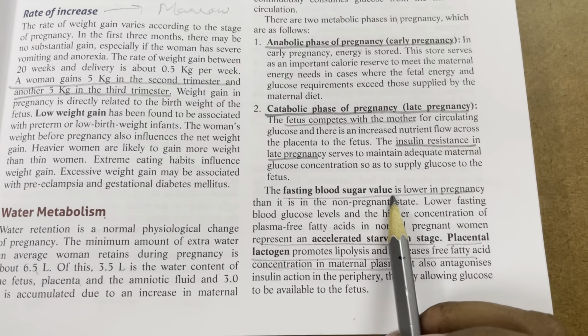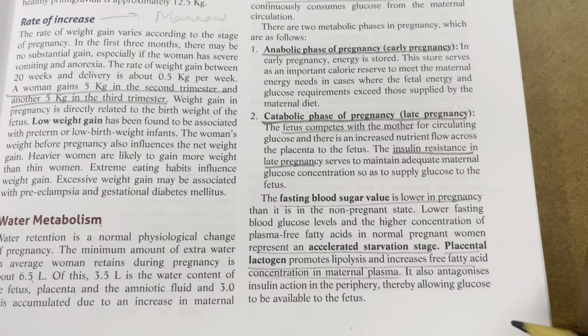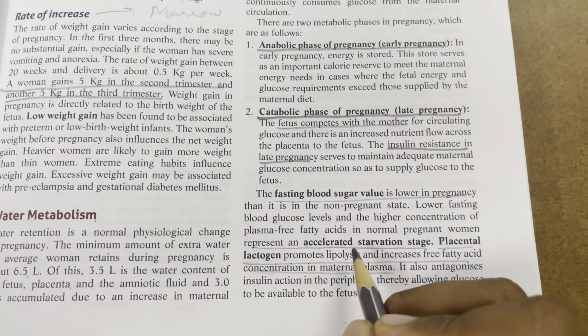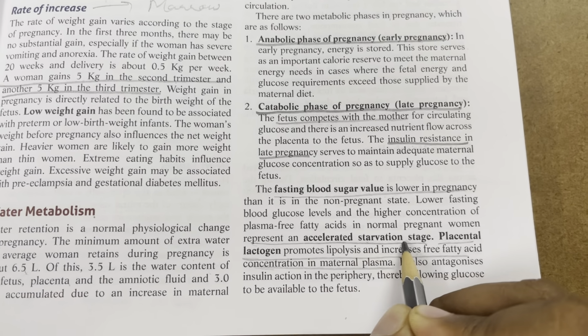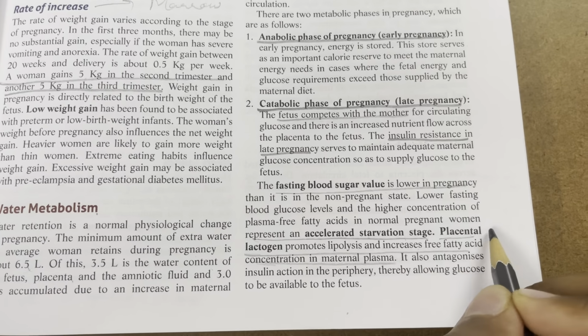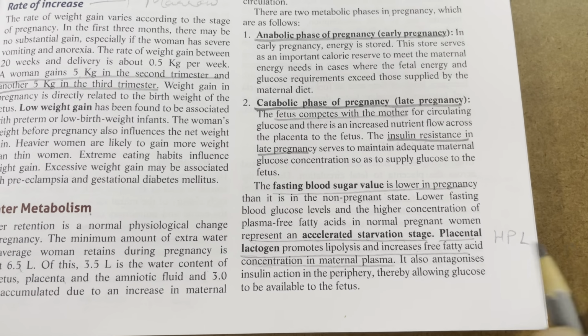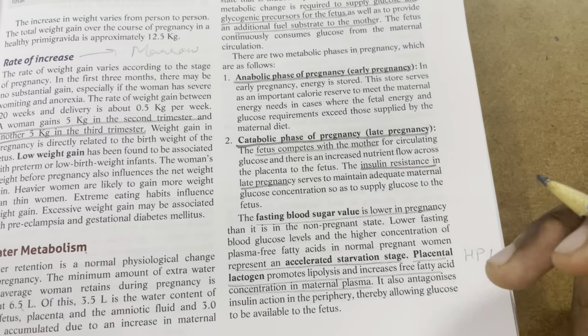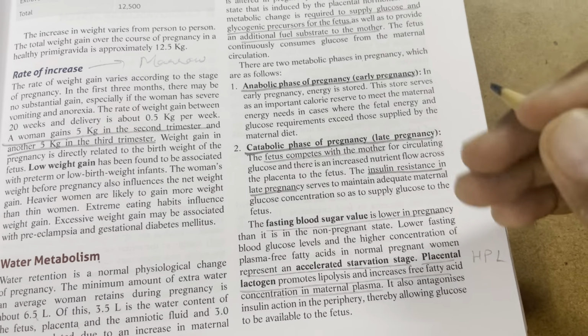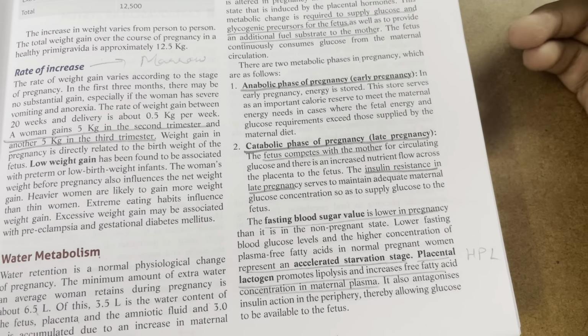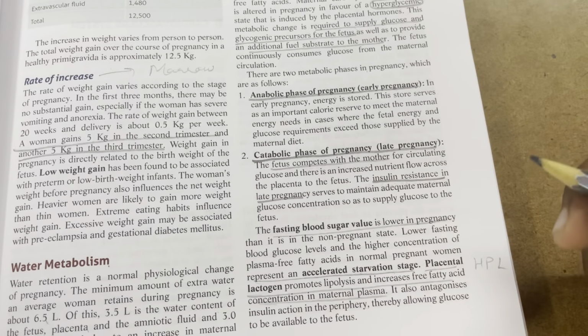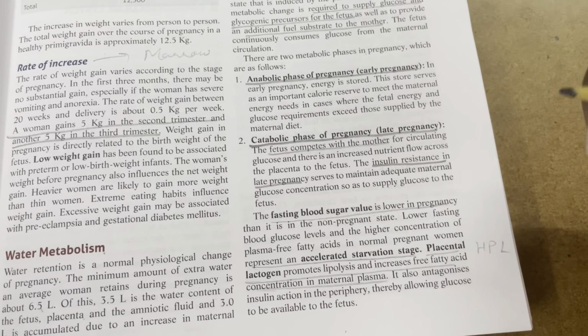So fasting blood sugar value is lower in pregnancy than it is in the non-pregnant state, because pregnancy represents an accelerated starvation stage. So the human placental lactogen, the HPL, see, HPL tells you to be like all those models, etc. So what do models do? They lose weight. So lipolysis. And again, they don't take sugar.